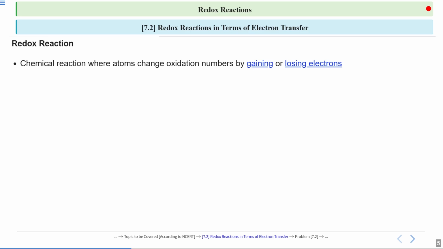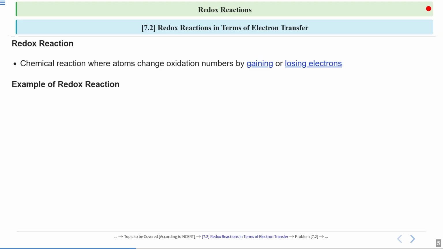Either the oxidation number would be increased or the oxidation number would be decreased by these gaining or losing electrons. Hence, we can conclude that in redox reactions, there is change in oxidation number by gaining or losing of electrons.